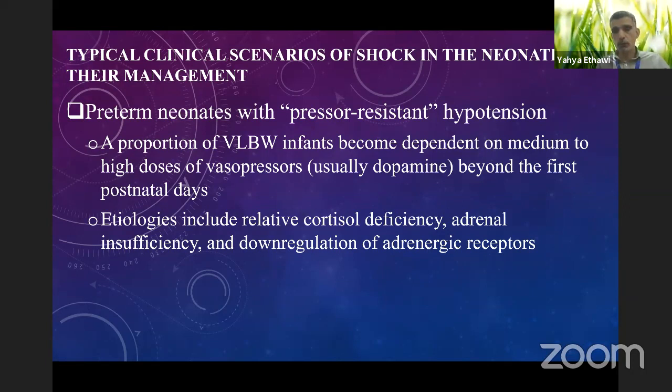When this happens, mostly they are steroid deficient, or their adrenal is not responding to the crisis. Because of the steroid deficiency, the receptors of the pressors will be downregulated, and giving more dopamine will not help. So you need to consider steroid.